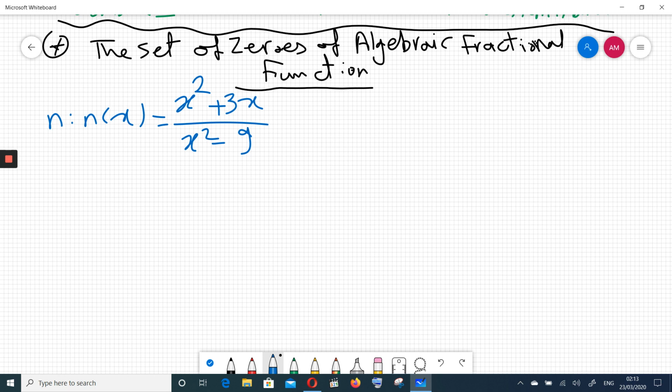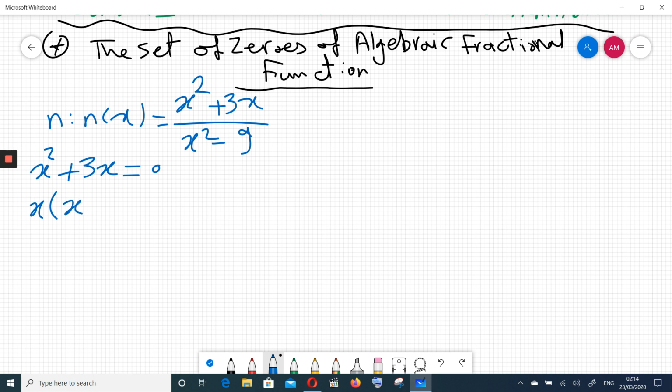In this part, to find the set of zeros of the algebraic fractional function, we are going to use the numerator and denominator, both of them. The first part: x power 2 plus 3x equals 0. From this we use x as a common factor.